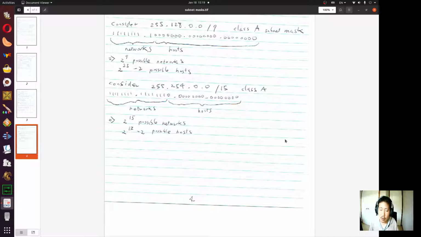So it's a way of subdividing a physical network into different subnets.